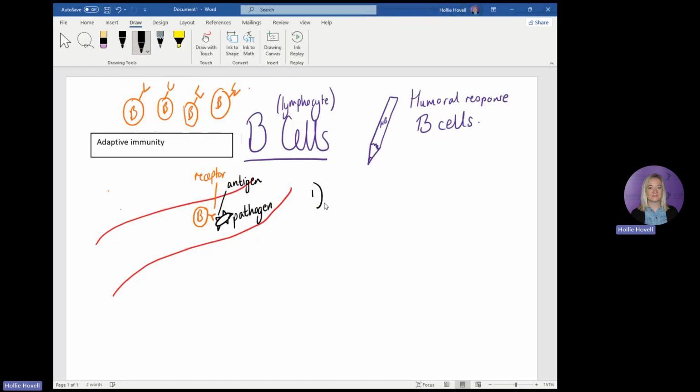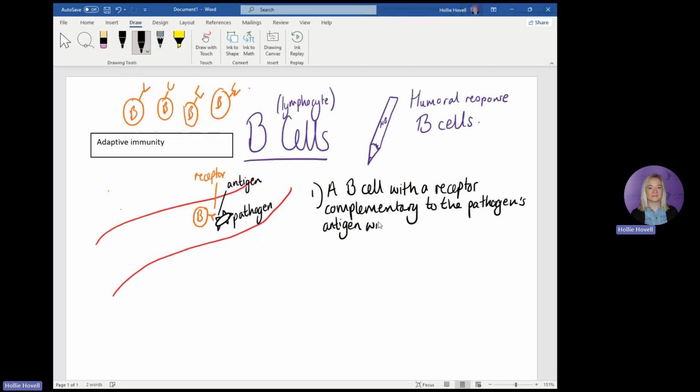So the first step is that a B cell with a receptor complementary to the pathogen's antigen will bind.